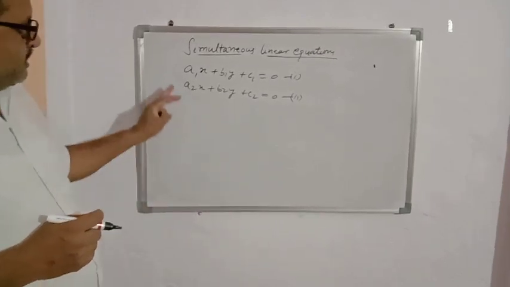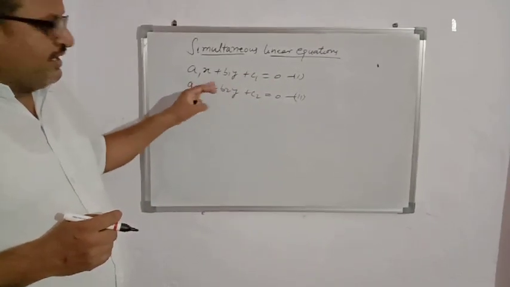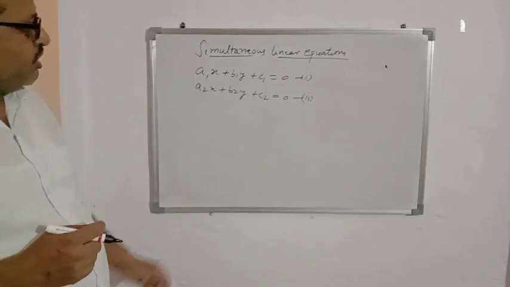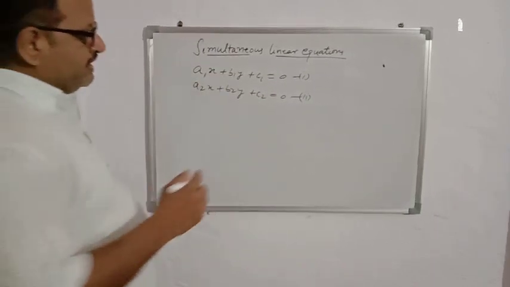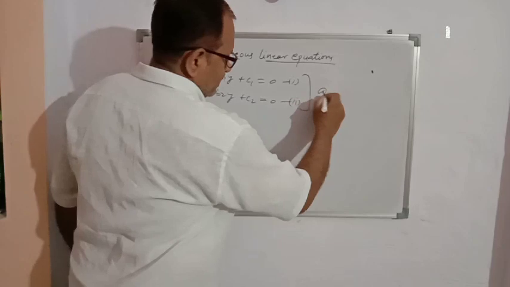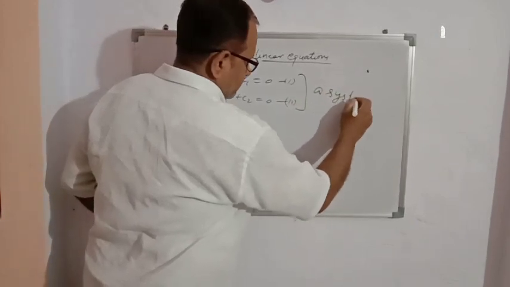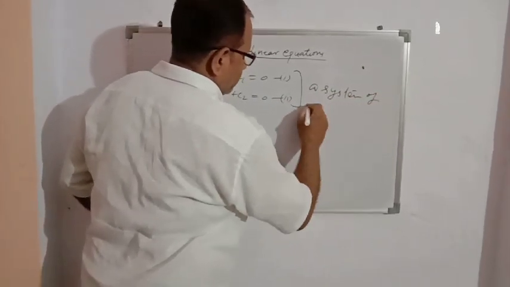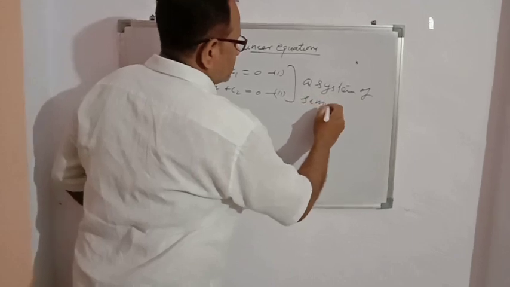These two equations in two variables taken together are called a system of simultaneous linear equations.